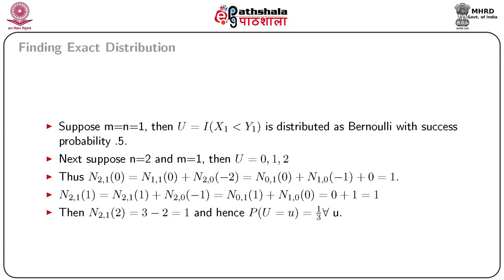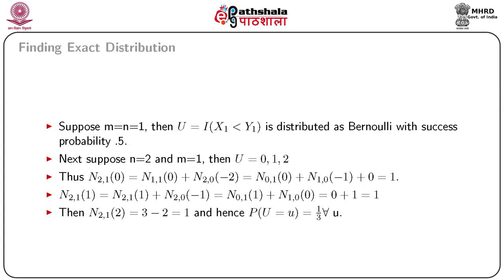Now, we consider a few examples on how to use the recursion relation. First of all, note that for m equal to n equal to 1, u is nothing but the indicator of x1 less than y1. An indicator variable generally takes only two values, 0 and 1. Thus, u for m equal to n equal to 1 has a Bernoulli distribution with success probability P(x1 less than y1).